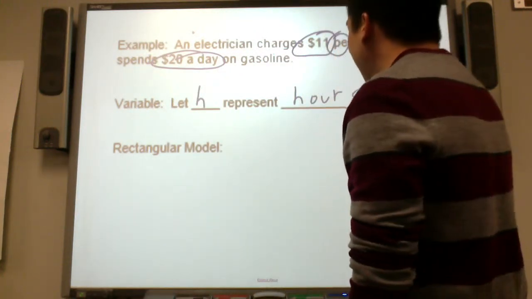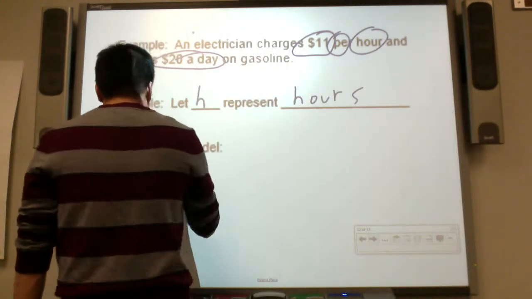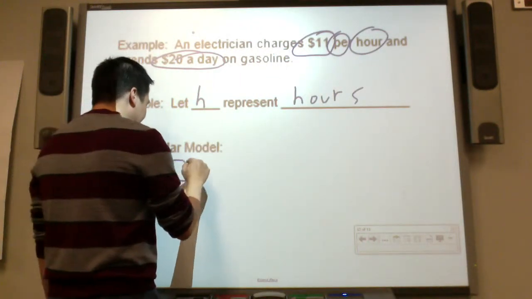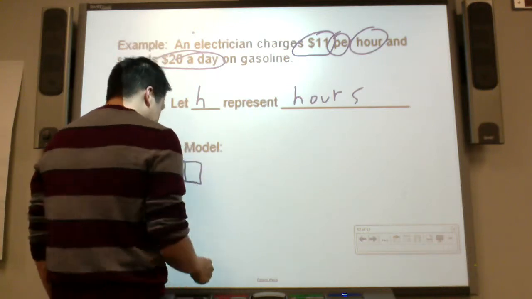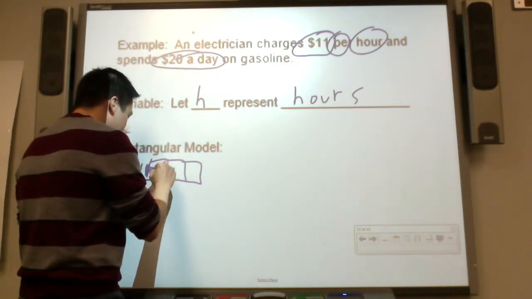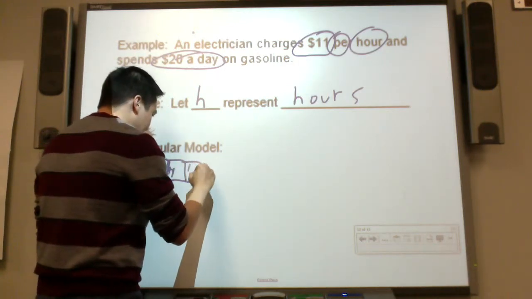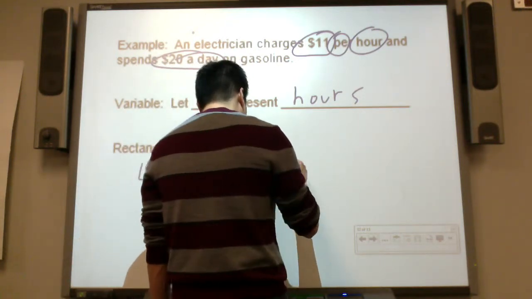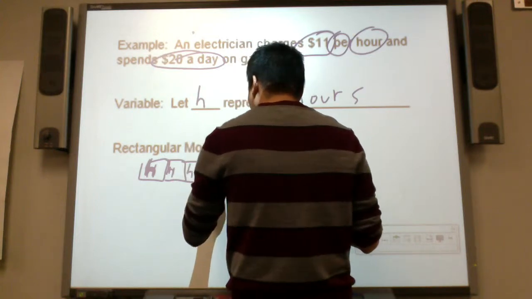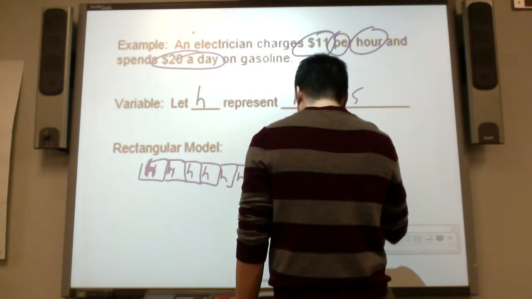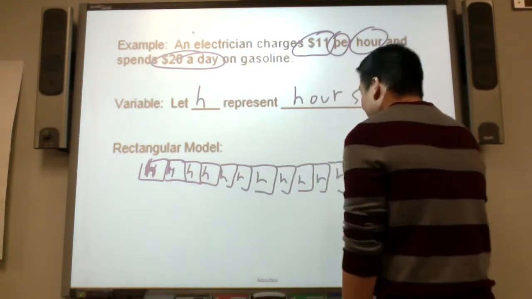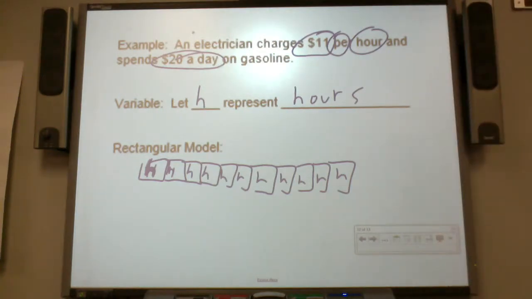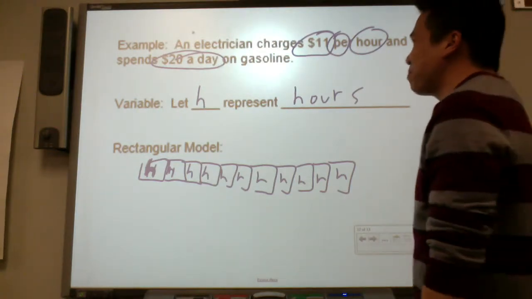Let H represent hours. So we have 11 H. And then he charges $11 per hour, and then he spends.